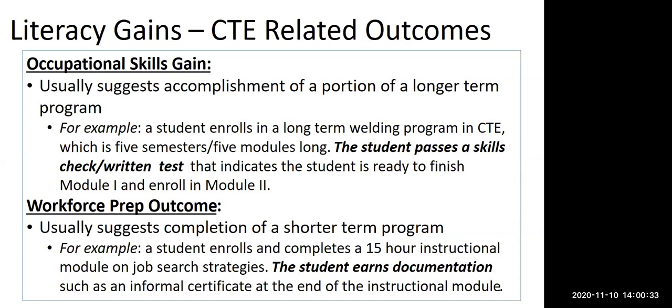For example, say they're in a welding program that's 5 semesters or 5 modules long. They finish module 1, they're doing a great job, and at the end of module 1 they pass some sort of informal skills check or written test to say they're ready to move on to module 2. That would be an example of occupational skills gain.